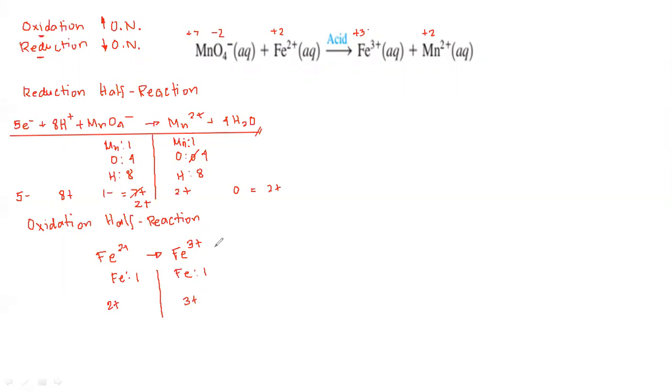So we're going to add electrons at the right side. Just 1 electron will do, so that the charge at the right side is now equal to 2 plus. So this is our balanced oxidation half reaction.